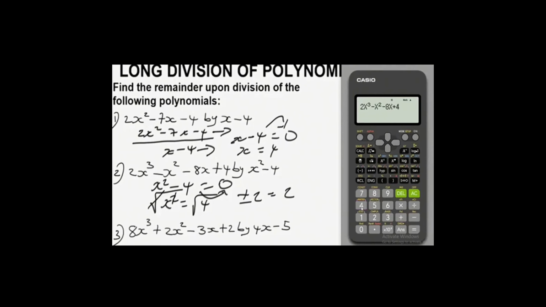So that's it, guys. Let's press equal now and get the remainder. The remainder upon division of this polynomial, guys, is still 0. It's as simple as this, guys. So let's solve the last question we have here, and after that we'll call it a class.